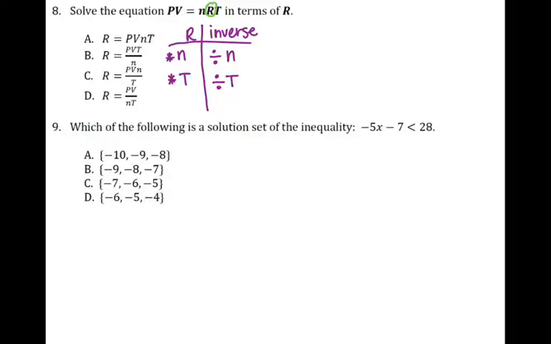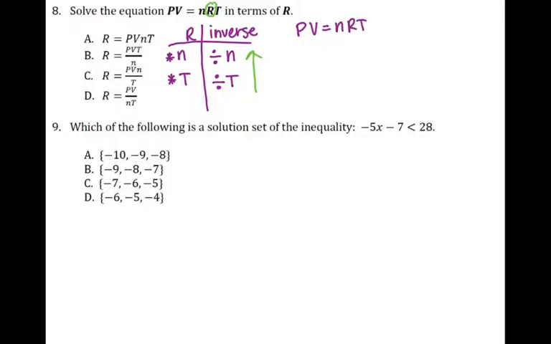Now, anytime you are solving for something, you are always working from the bottom up. So the first thing I'm actually going to do is divide by T. So I'm going to go ahead and rewrite this. I have PV equals nRT.